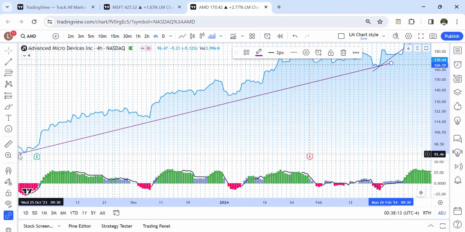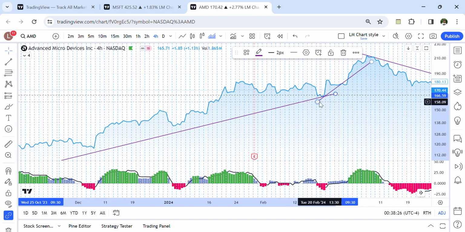From here I am able to connect 1, 2, consider this also 3, this is quite far, so you can leave 4. So you have 4 support zones in this trend line, and if you are getting a better incline, it means your trend line has improved. This is a good way.